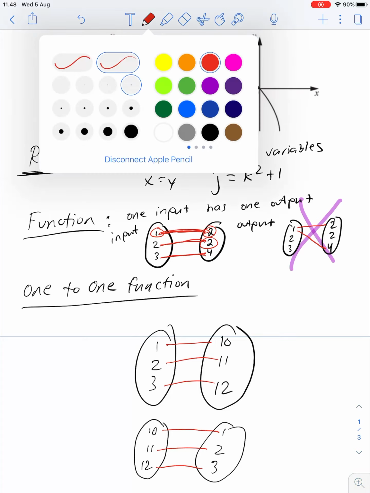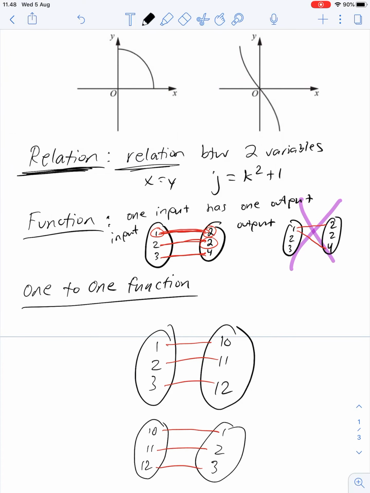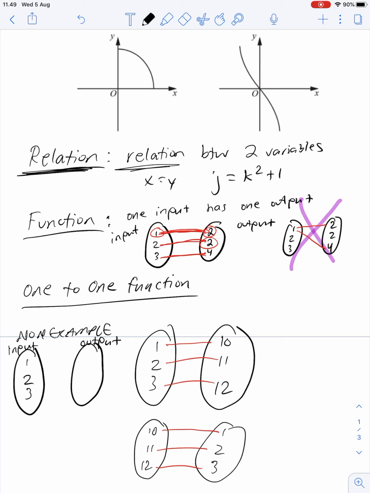Okay? So a non-example would be something like this. Okay? If I have 1, 2, and 3 as my input, and my output is 4, 5.